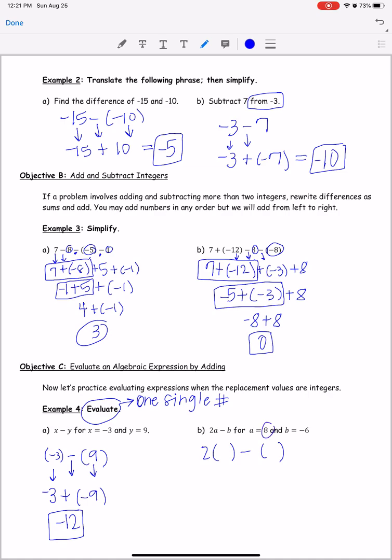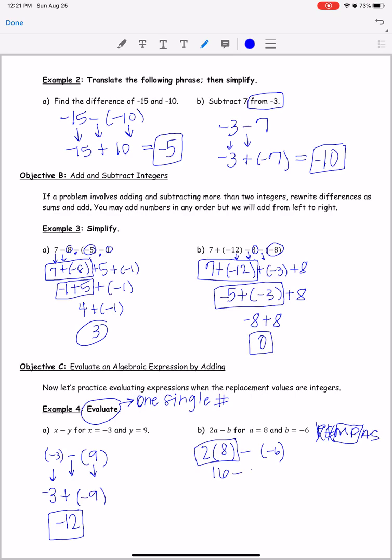So a is 8. My b is negative 6. So order of operations, that's my Please Excuse My Dear Aunt Sally. We have no parentheses, we have no exponents, but I do have something to multiply. So 2 times 8 is 16. Bring down everything else.